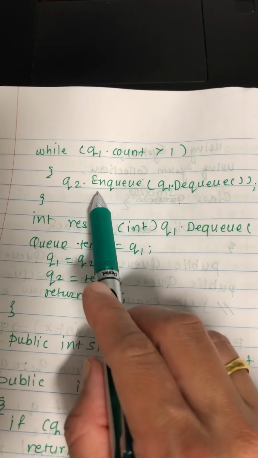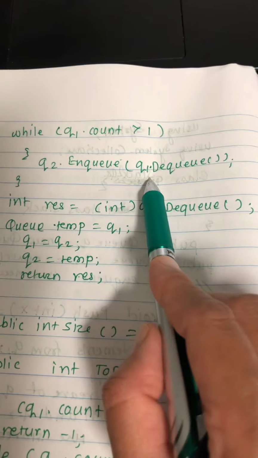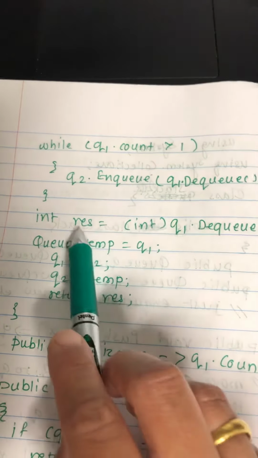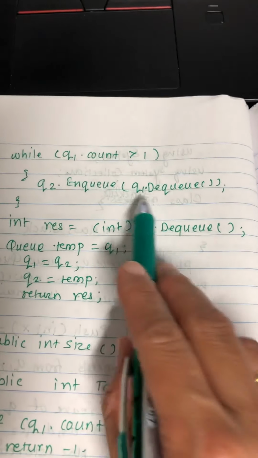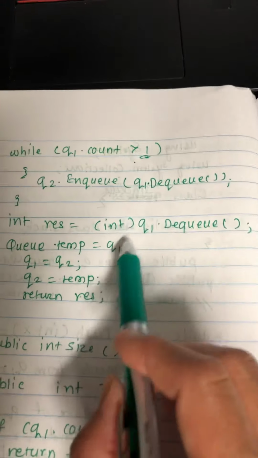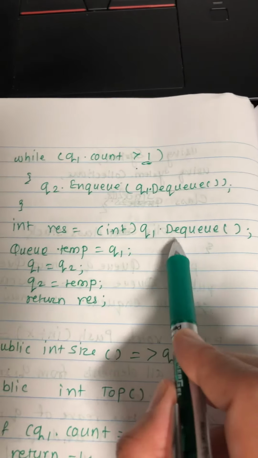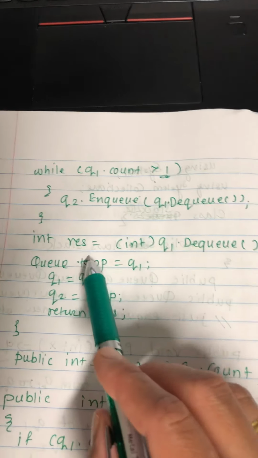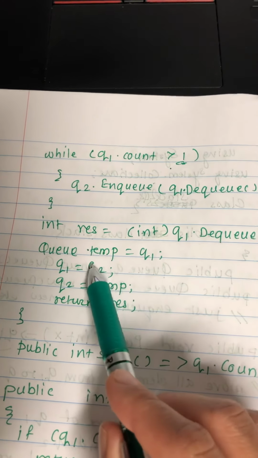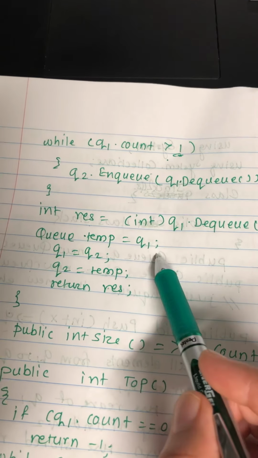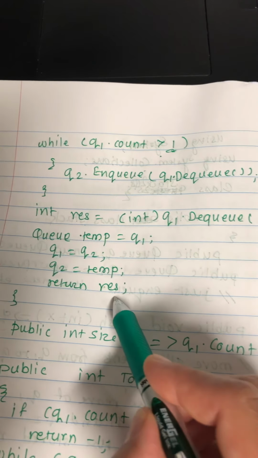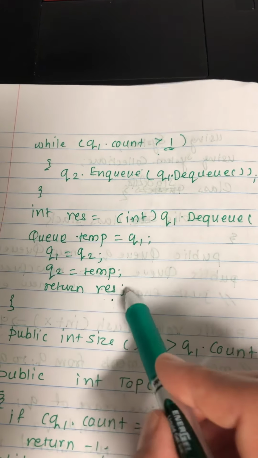So we are going to dequeue all the elements in q1 and enqueue all those elements to q2, except the last one, which is why we have this greater than 1 condition. The last element is stored in this variable res, so this temporary variable is going to store that element of q1. Then this is for swapping the names of the queues, and we are returning this one, which is the last element of the queue.